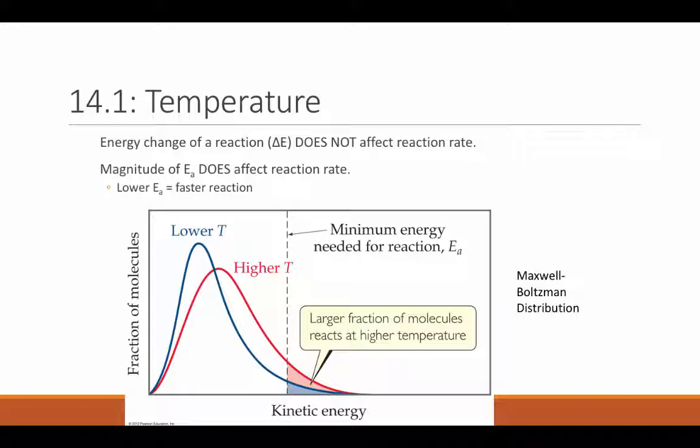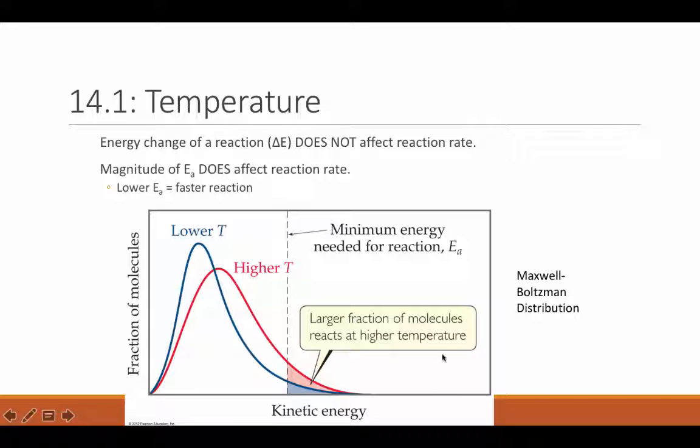This should make sense. If the activation energy is lower, that means more collisions will have enough energy to achieve the activation energy. Likewise, when we consider temperature as a factor affecting reaction rate, as the temperature increases, our collisions will have more energy. Therefore, more of the collisions that occur will have enough energy to overcome the activation energy barrier.